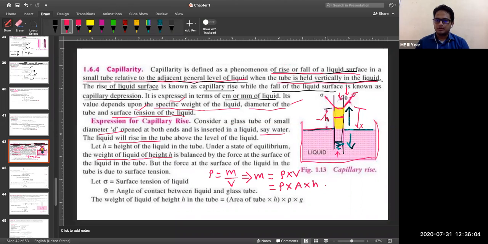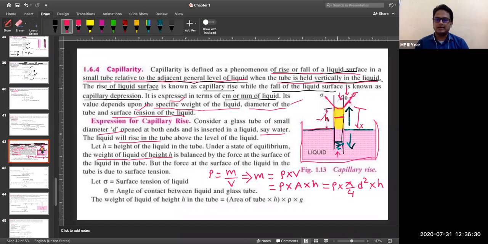The cross sectional area of this tube is a circle, this is a circular tube. If it is a rectangular or square cross section, then you have to use that formula, but this is a circular tube, so the formula will be pi by 4 into d square into small h.